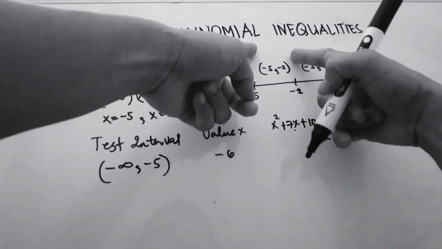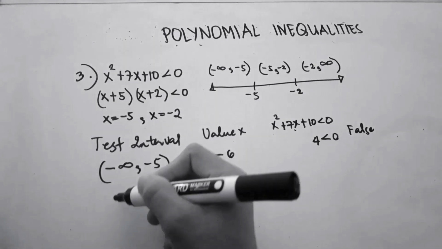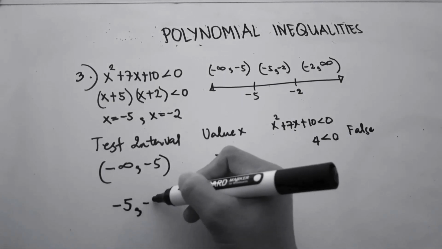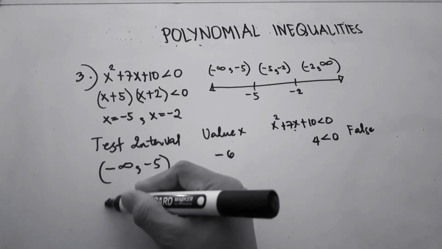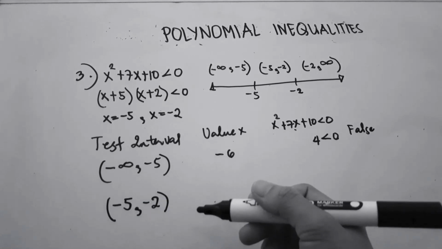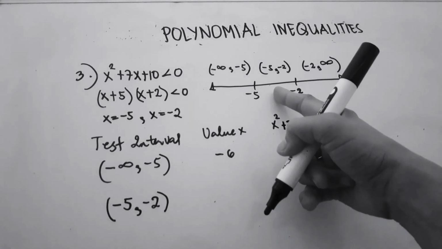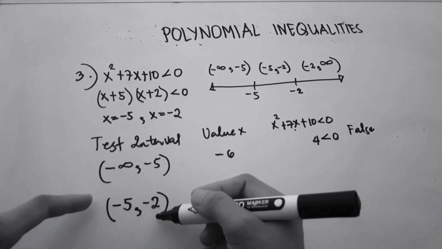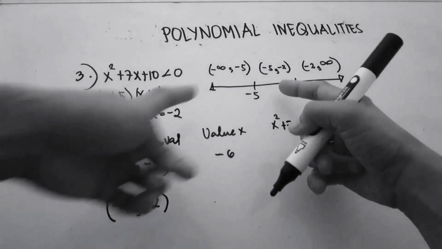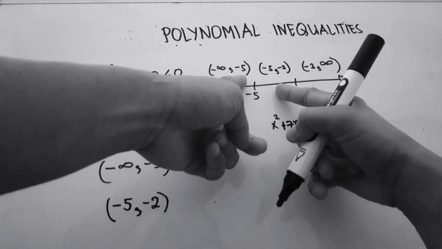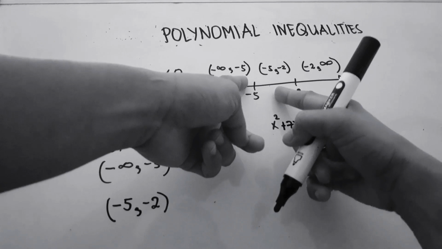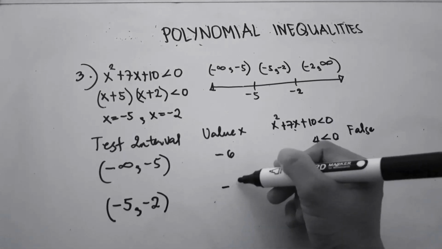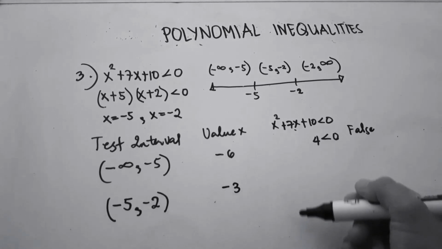And then this next interval, we have negative 5 and negative 2, and we can pick a number from along this side. So we have negative 3. Let's try it.